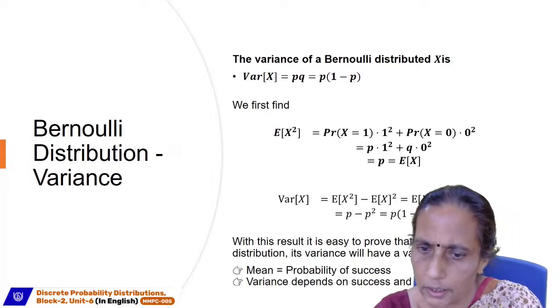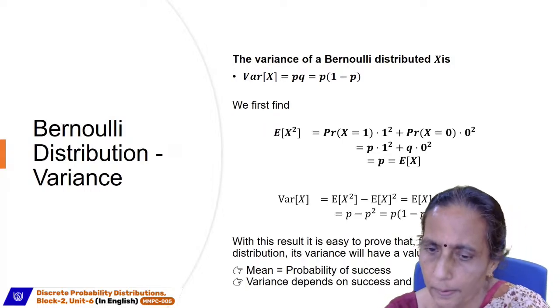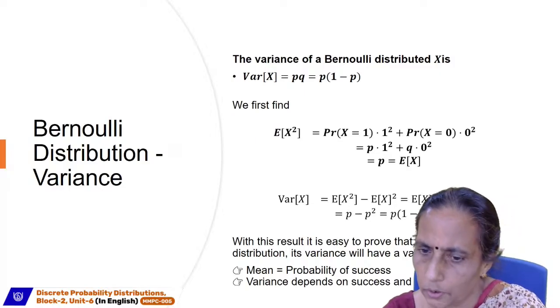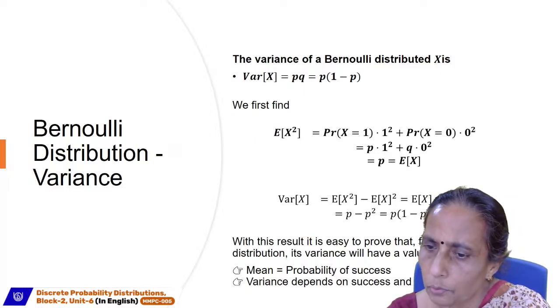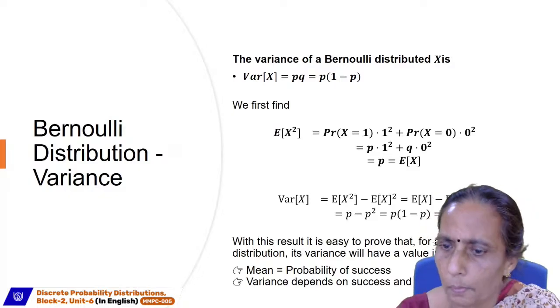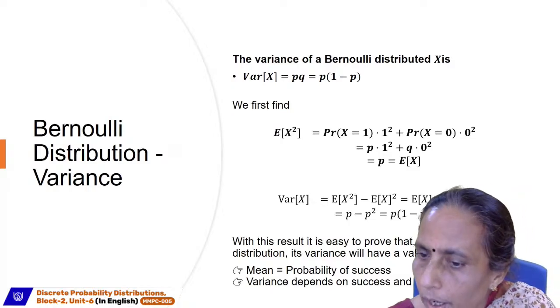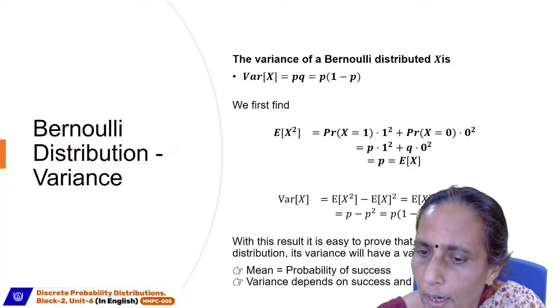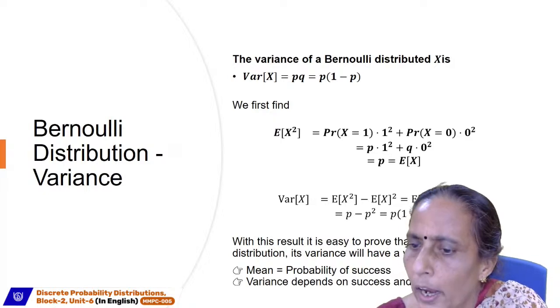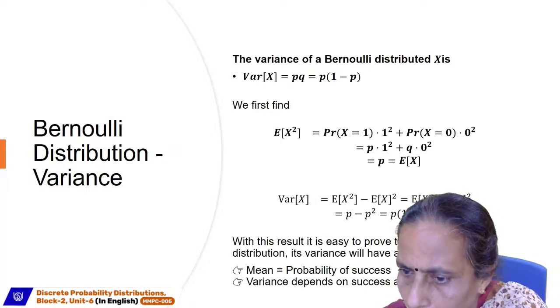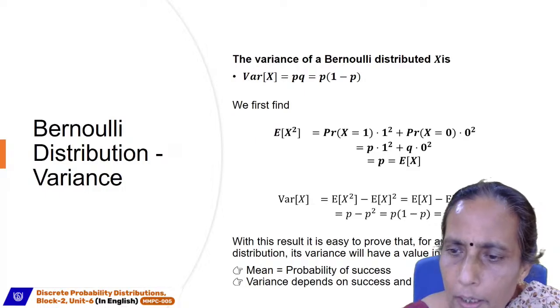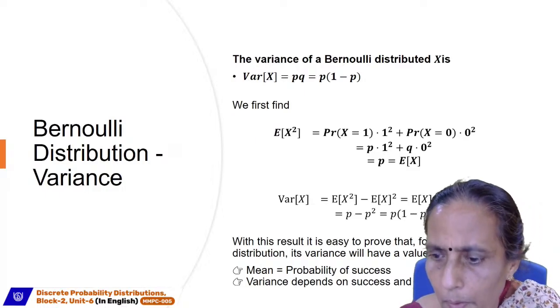Right? So with this result, it is easy to prove that for any Bernoulli distribution, its variance will have a value between 0 and 1 by 4. For pq, take 1 by 2, 1 by 2. If I am tossing a coin, probability that I'll get a head is half and probability that I'll get a tail is half. So p and q are 1 by 2, 1 by 2, giving 1 by 4.